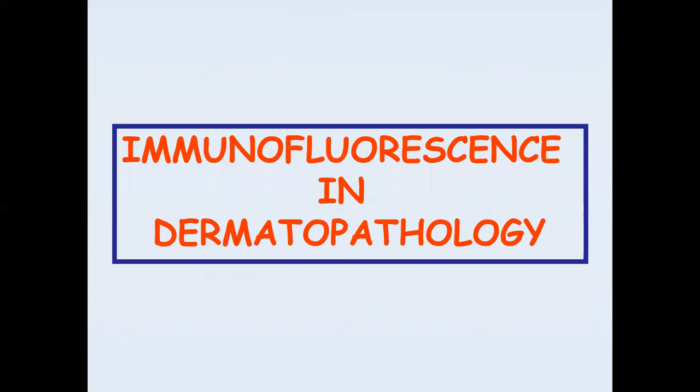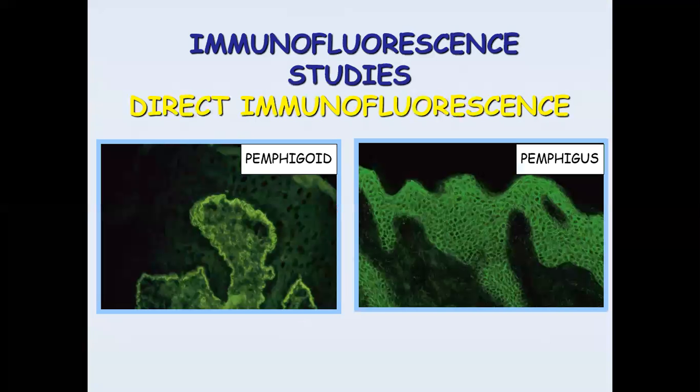Immunofluorescence in histopathology. This is the direct immunofluorescence, and I've discussed the different techniques of immunofluorescence in my two different lectures. And here you can see that the appearance of pemphigus is a fishnet appearance or chicken wire appearance.